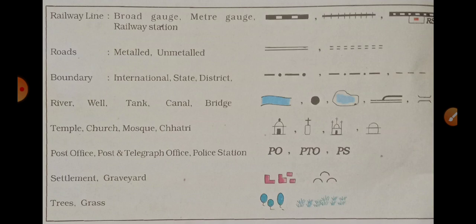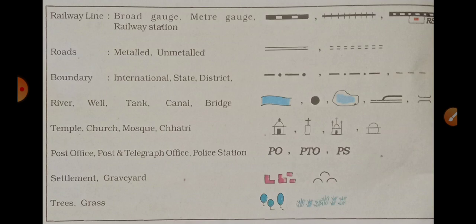For representing different features on the map, we have adopted some common symbols and signs, some colors, etc. It is to represent different features such as buildings, roads, bridges, trees, railway lines, wells, all these. Then institutions like post office, police station, then temples, church, mosque, all these things we can represent on a map.